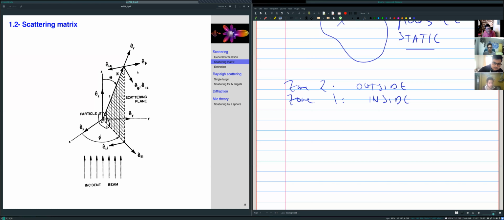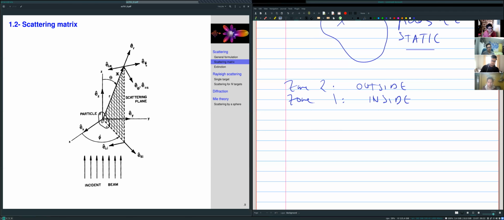So for standard spherical coordinates, E theta, E phi, and ER would be the normal way to call these spherical coordinates. Okay, this would be a set of basis vectors centered on this point at a distance r from the obstacle. Okay. However, for the problem of scattering, we won't be using exactly this set. We'll be using this one, which we'll call E parallel. This is the subscript S to mean this is scattering, okay? And the other one would be E perpendicular, which would be opposite to E phi, okay?